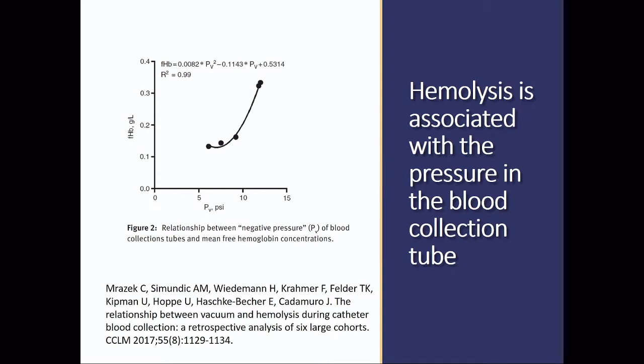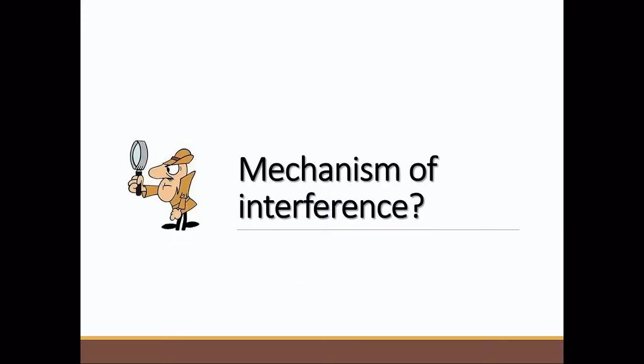And there has been a study done by Yannick Adamuro and his colleagues, and I had the pleasure to take part in this study, and this study has demonstrated that hemolysis is associated with the pressure of the blood collection tube. So the higher the pressure, the higher the concentration of free hemoglobin.